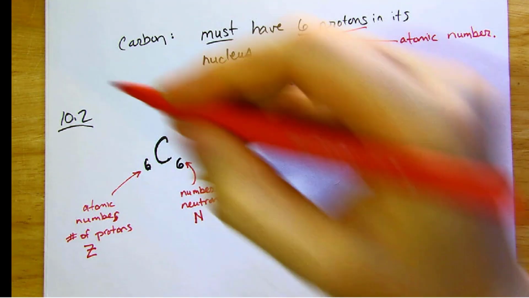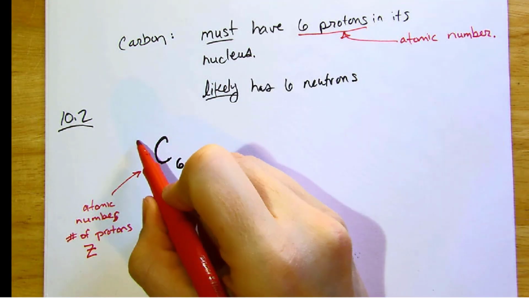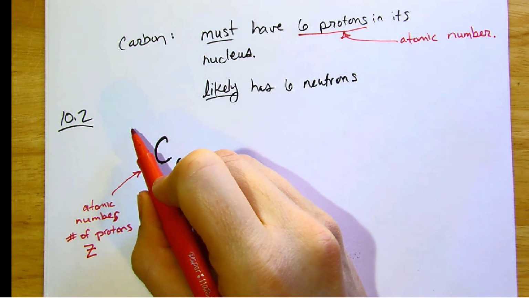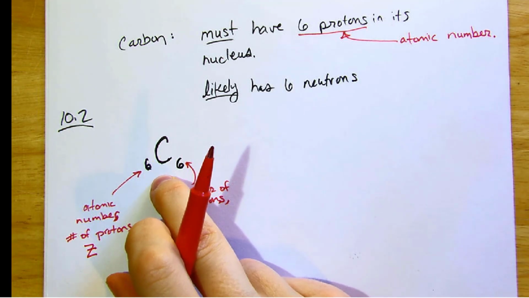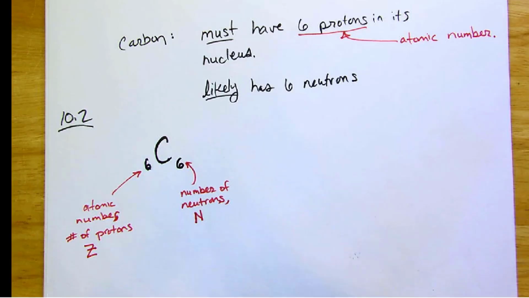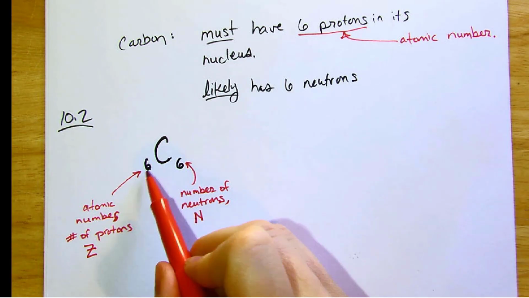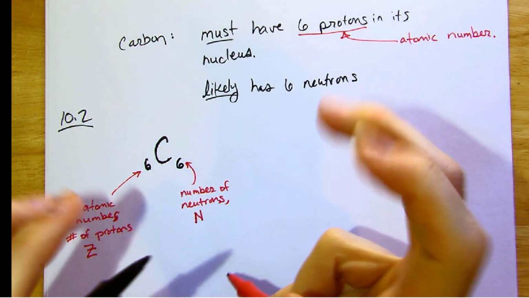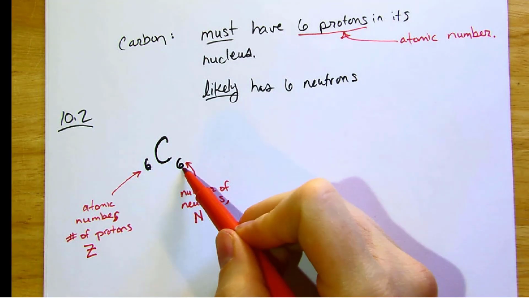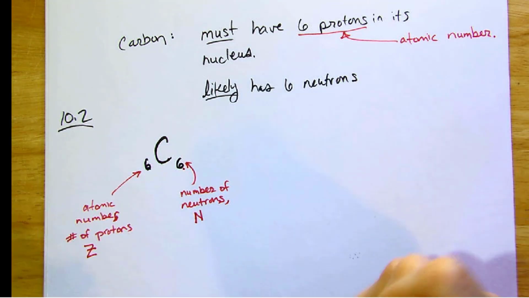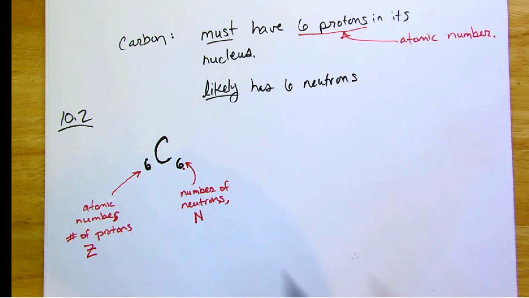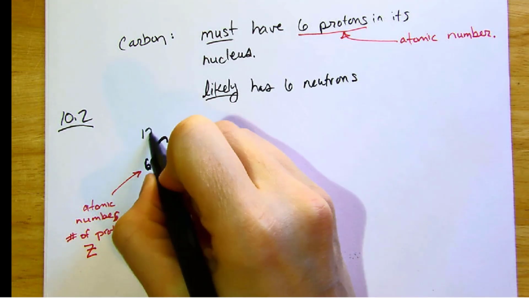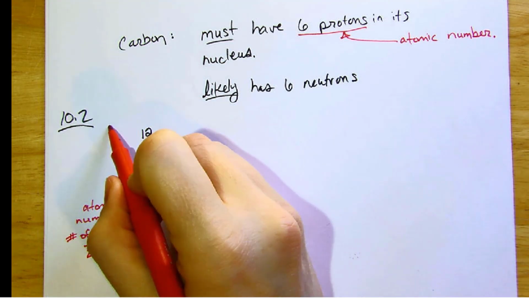And then up here, we would usually write the mass of this atom, kind of counting up the number of protons and neutrons because they weigh much more than the electron. So in here, the protons would give us 6 units of mass, and then another 6 units of mass from the neutrons. So it would have a total of 12 units of mass. So we could write that up there, and that would be our atomic mass number.